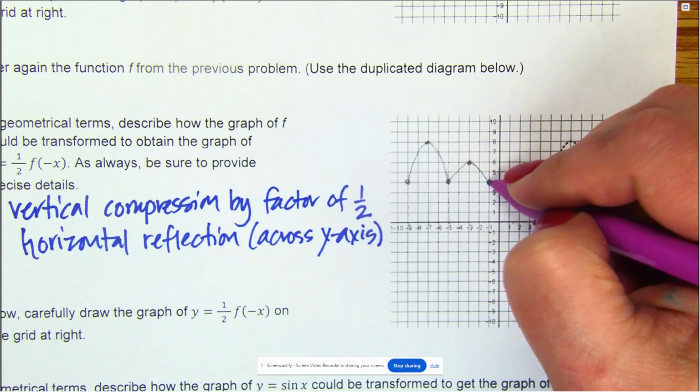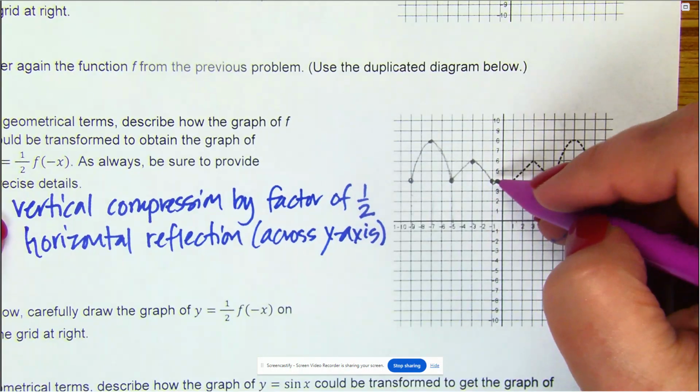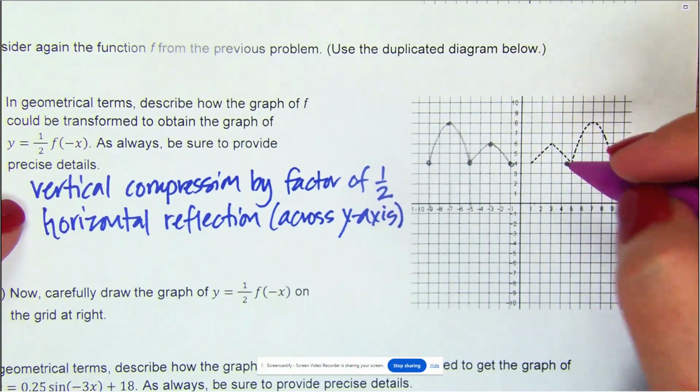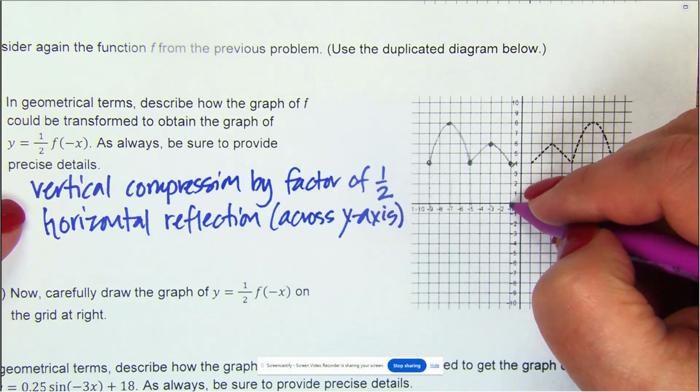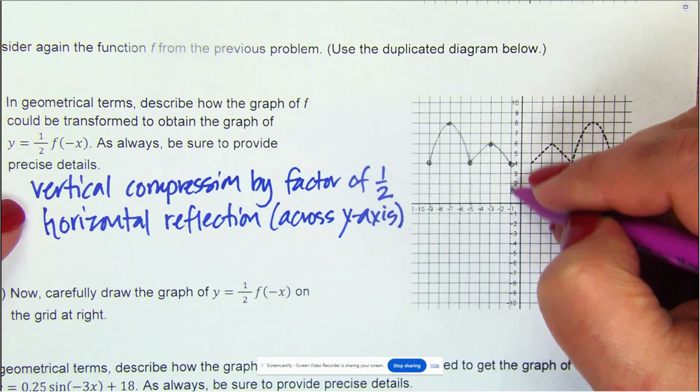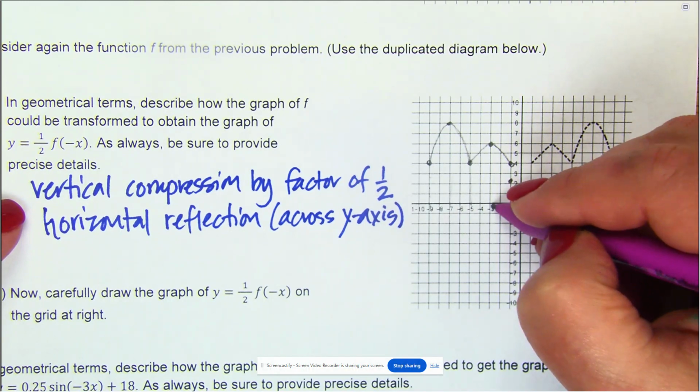And then this is a vertical compression. So this is compressing the distance, the outputs half as far. So right now that one is 4 away, so now that's only going to be 2 away. That one's 6 away.